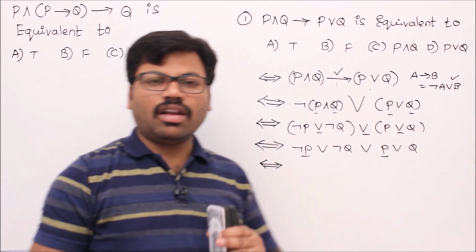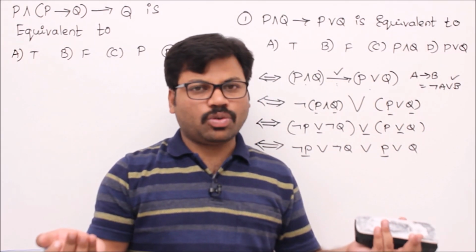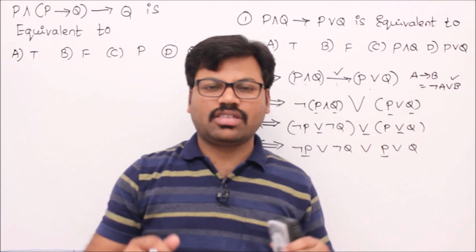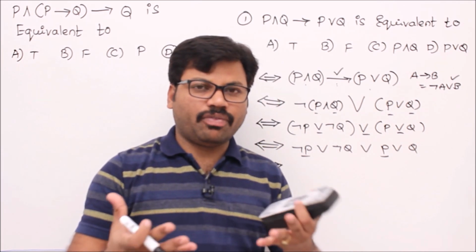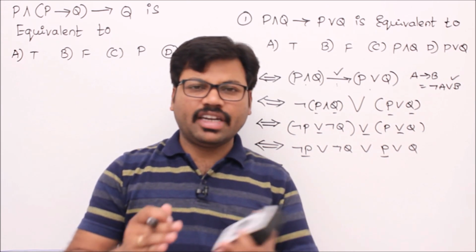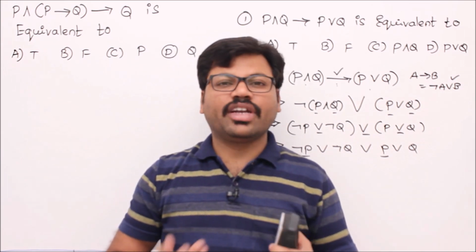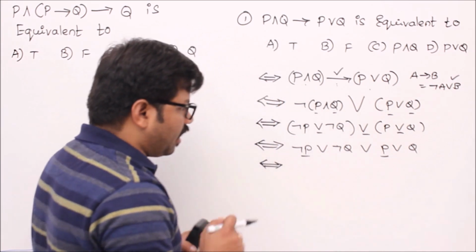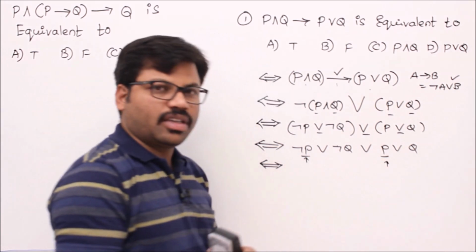Please recall equivalence rules: P or negation P is true and P and negation P is false. In that way, any variable in its true form and its complement form, when they come together, will be cancelled and you get the simplest form. That's my target, but you have negation P here, P here. How to bring them together?